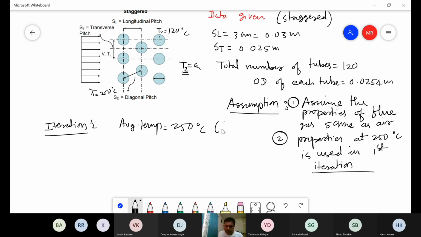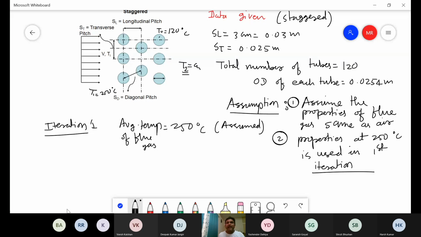That is what is assumed. Because T2 is unknown, we start with 250 degrees Celsius itself, and based on this we will find T2. Then again we will take the average temperature, find the outlet temperature, and see whether there is a mismatch or not.